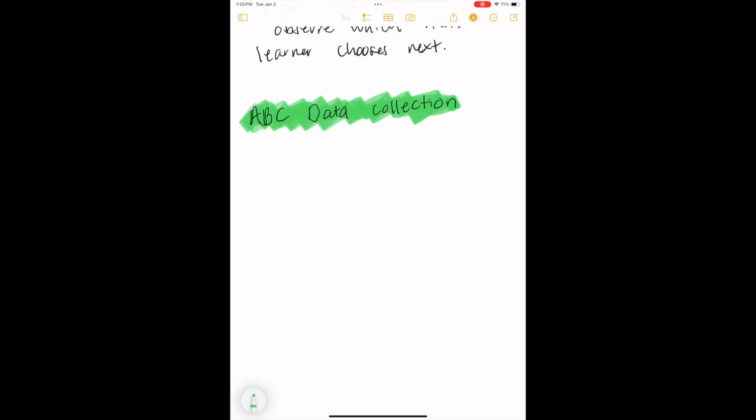You do want to write your SOAP note in ABC format. That's the best way to write a SOAP note. But you're not gonna write down ABC data, at least I didn't in the 2 years that I was an RBT, as you're collecting frequency data and duration data and things like that.